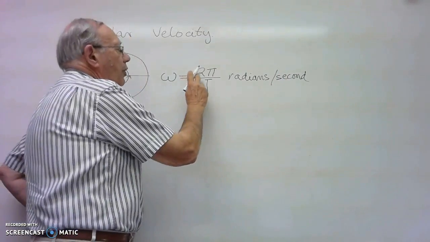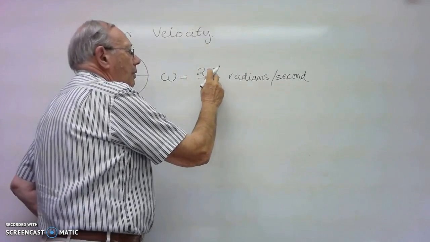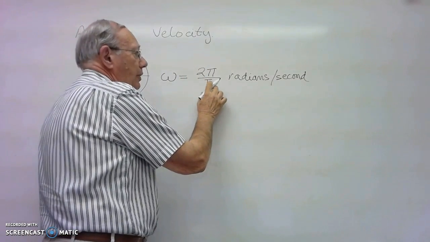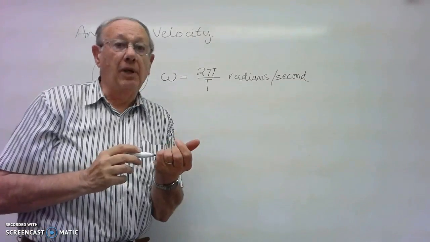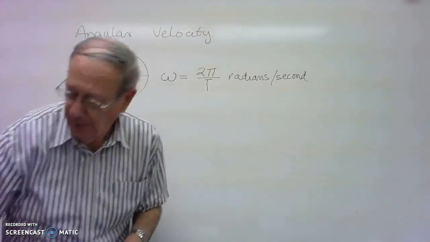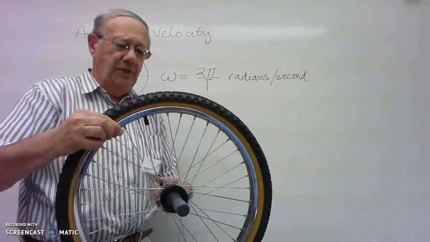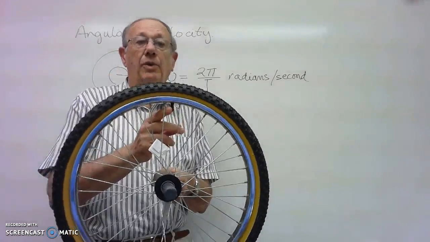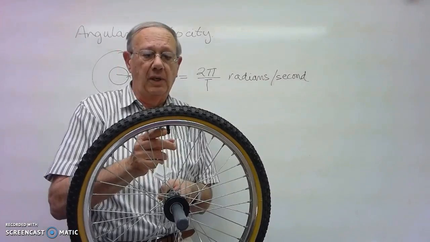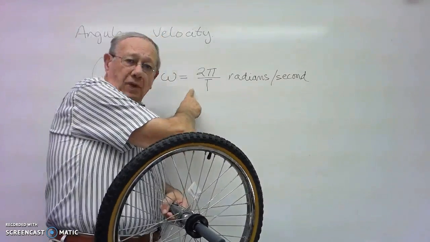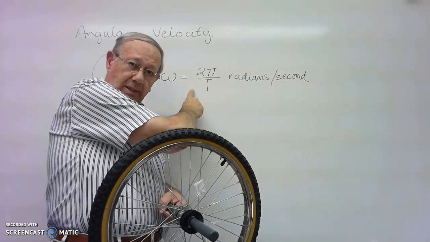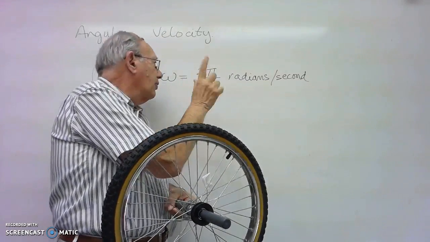So we've got 2 pi radiuses in that period of time. So if we want to work out how fast something on the edge of something like this is moving, in other words, its instantaneous velocity, then all we need to do is multiply this figure by the radius. Go through that again.